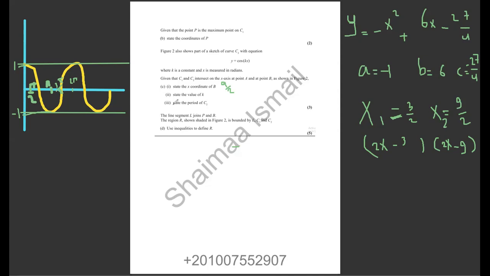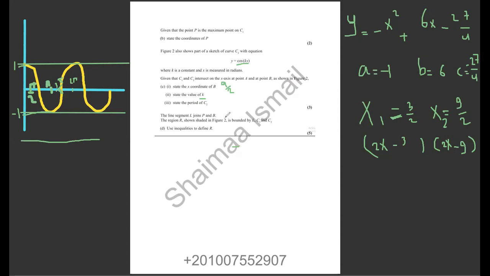So that's it. Here, we need to state the value of k. To get it, we have to use the new point, a new point equal to the old point divided by k. So the new point here: x new equals x old divided by k, and he needs us to get the value of k.